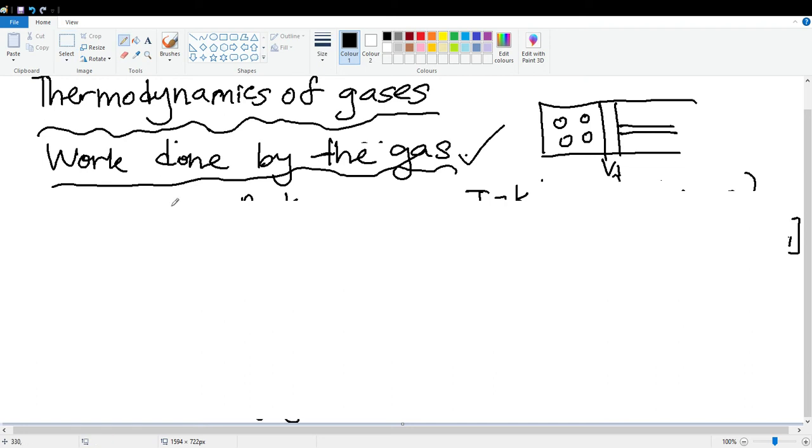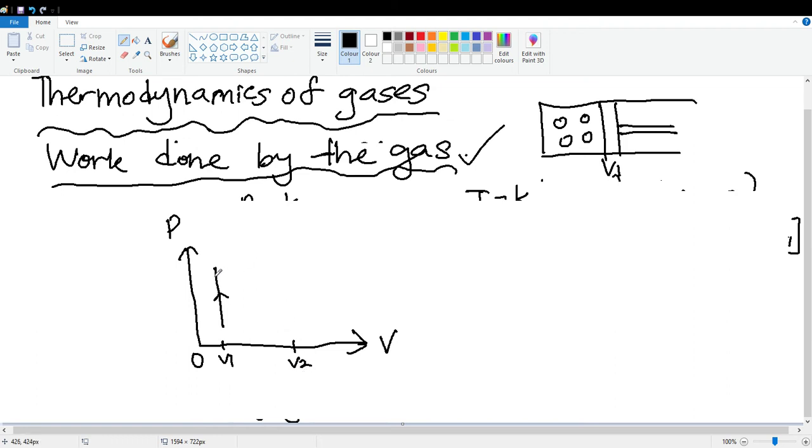So as for the combination of the three processes, this is our pressure and this is our volume. For the first process, which is the constant volume, what we have is a straight line. This is my V1, this is my V2.